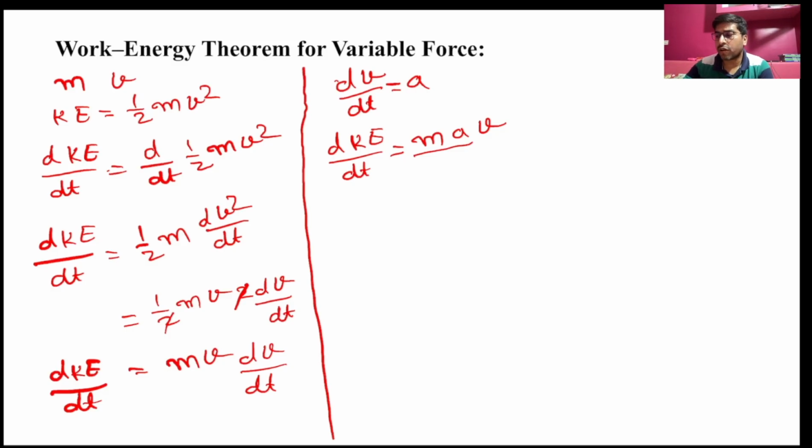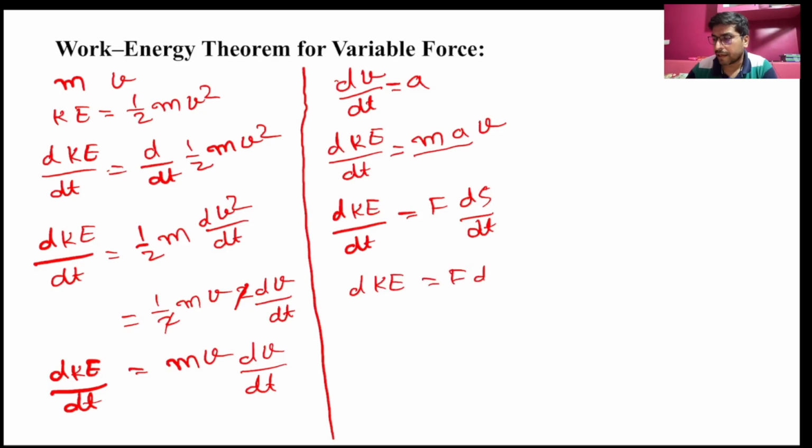Force, and v is equal to ds by dt. So here we can write dKE by dt is equal to force into ds by dt, right? Velocity is what? Rate of change of displacement. That's why we have written ds by dt. Now dt we can cancel out, and it will become dKE is equal to f ds.